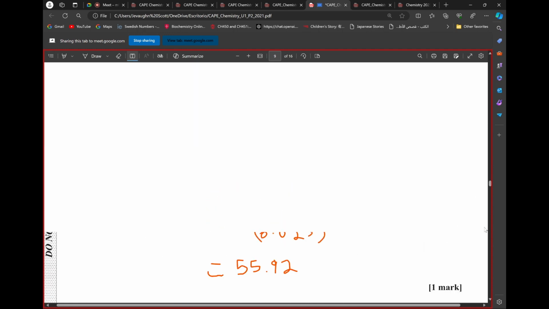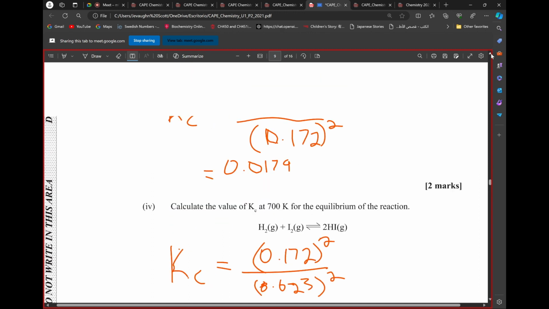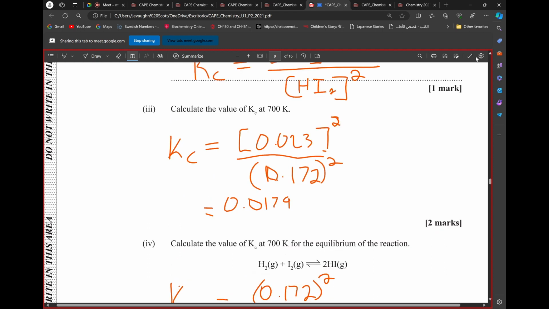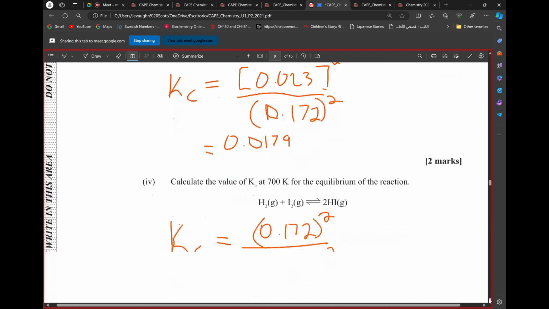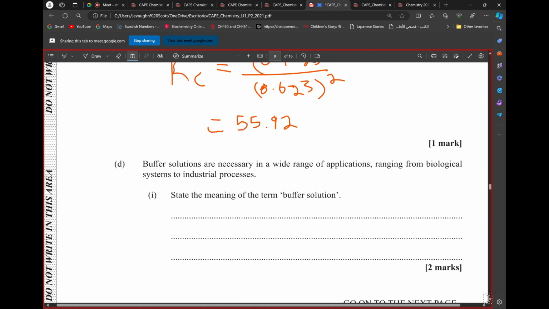While I scroll up, somebody can tell what a buffer solution is. Sir, a buffer solution is a solution that resists drastic changes in pH when adding small amounts of base or acid. Lovely. That's what a buffer solution is.